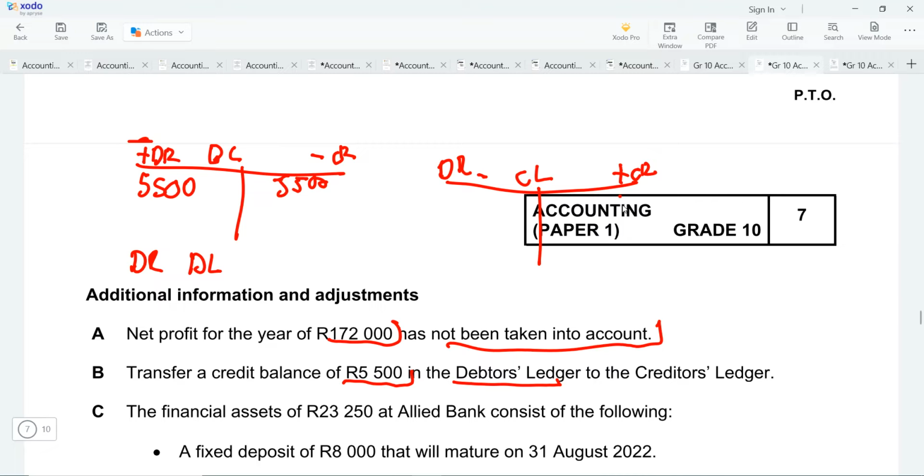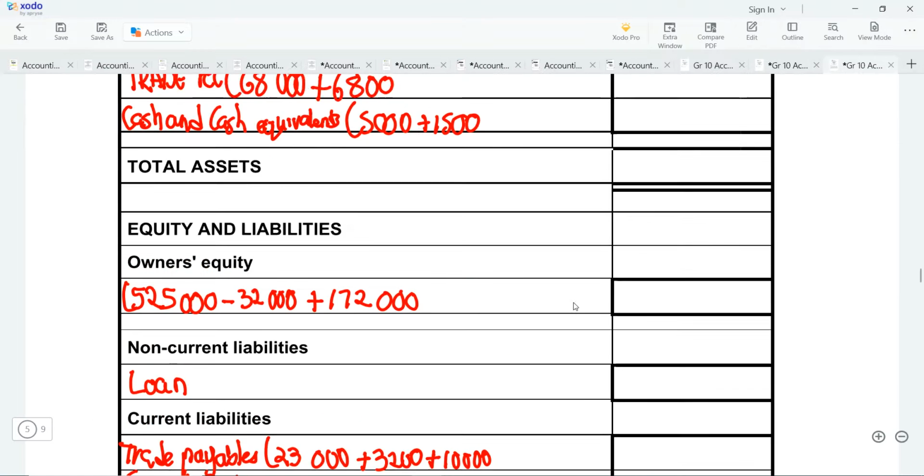So that 5,500 will come this side. So one account is debited, one account is credited. So the accounting principle has been fulfilled, the double entry principle. So it's a plus 5,500 in the debtors control and a plus 5,500 in the trade payables. So we're going to add 5,500 both sides.